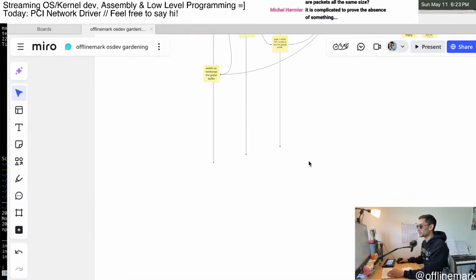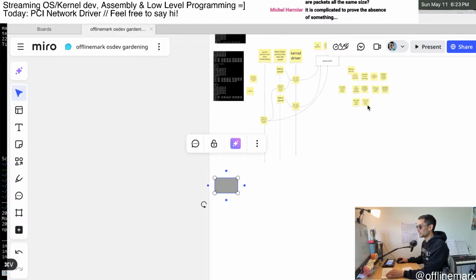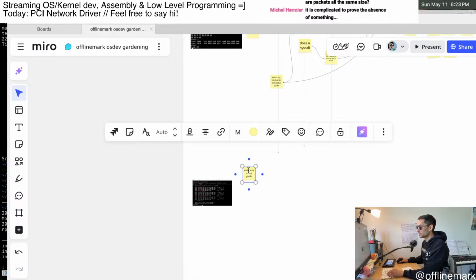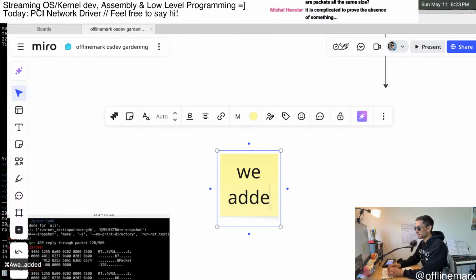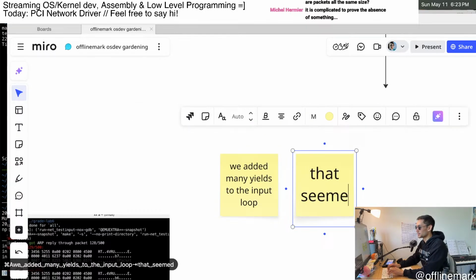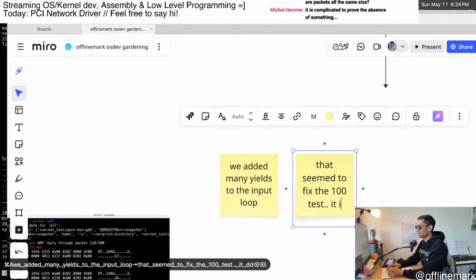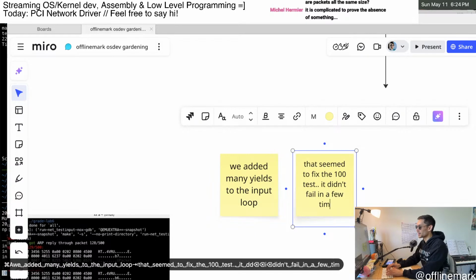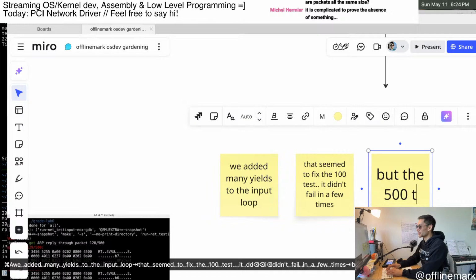Okay, so we added many yields to the input loop. That seemed to fix the 100 test. It didn't fail in a few times, but the 500 test failed.